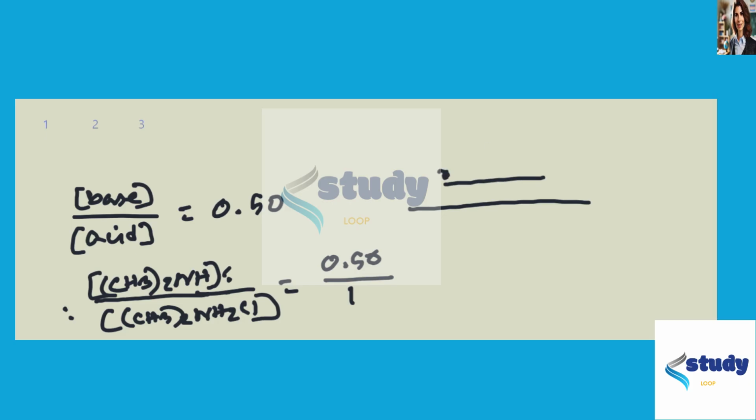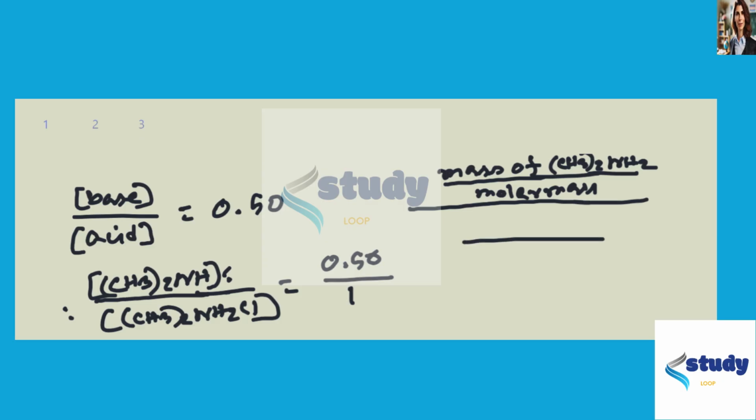That means mass of this dimethylamine, CH3 twice NH, over its molar mass, and then again in the bottom we will have the mass of CH3 twice NH2Cl over the molar mass of CH3 twice NH2Cl.